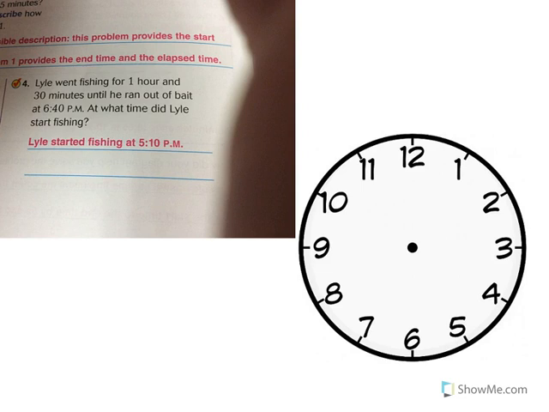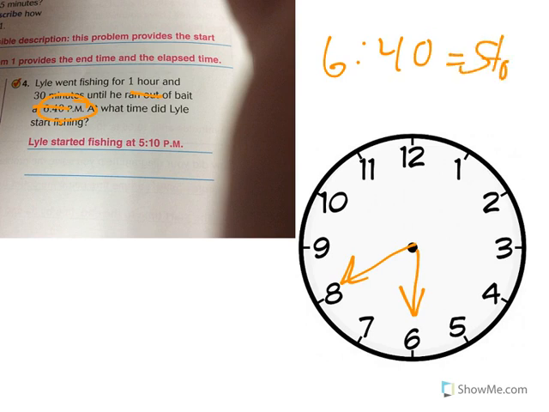Okay, so Lyle went fishing for 1 hour. Actually, let's find the time on the clock. So 6:40. Lyle went fishing 1 hour and 30 minutes until he ran out of bait at 6:40. So 6:40 is when he stopped.